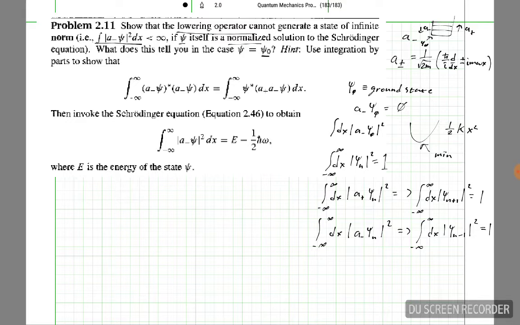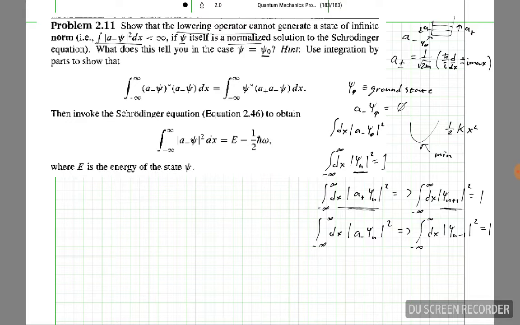So that's where we're starting from. This is what we want to show: because this wave function is normalizable, if I use a raising operator to go up an energy level, then that solution is also normalizable, which means that this should equal a constant. That's what our goal is to show in general.